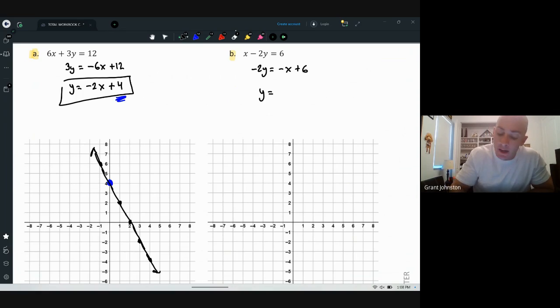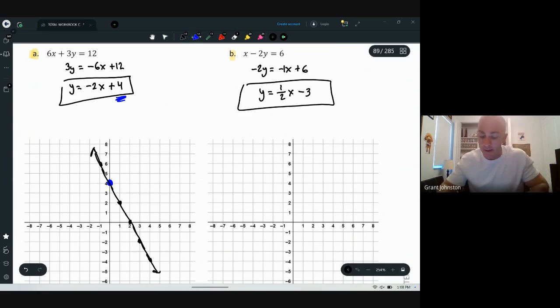Now remember, this is like a negative 1x, right? So negative 1 divided by negative 2, we could just write as positive 1/2. And then 6 divided by negative 2 is negative 3. Y-intercept is negative 3.